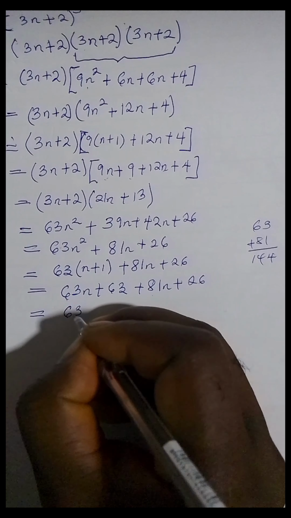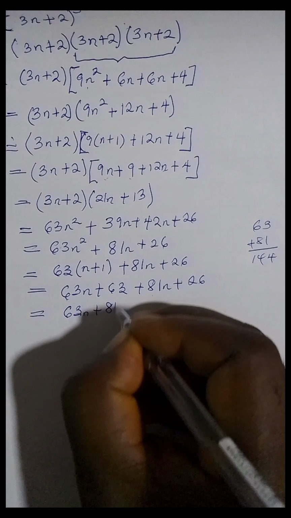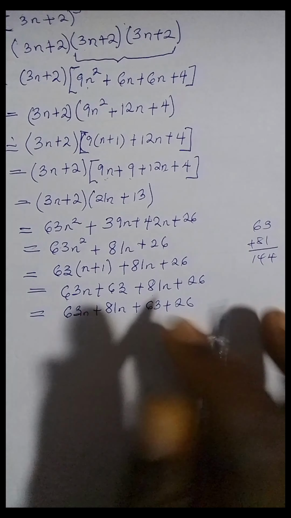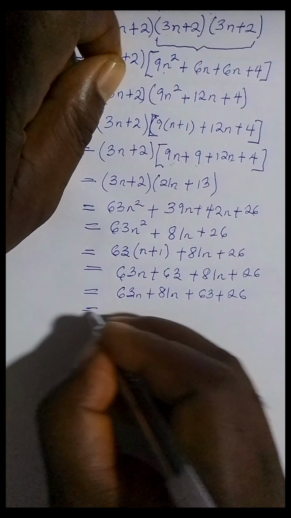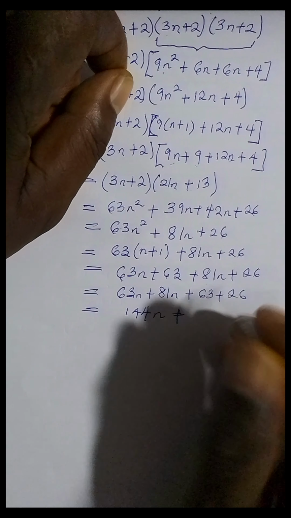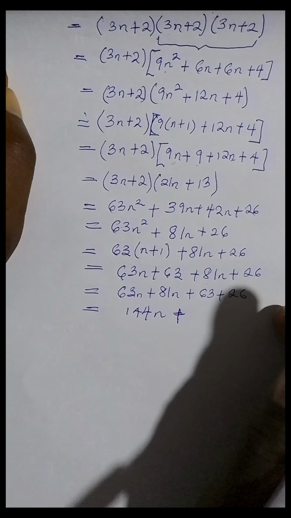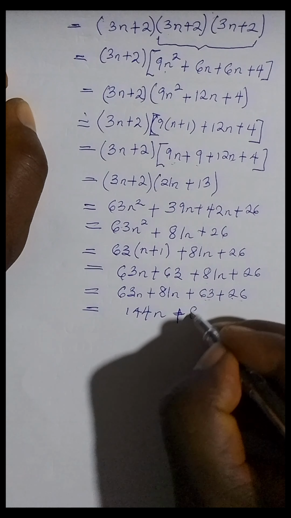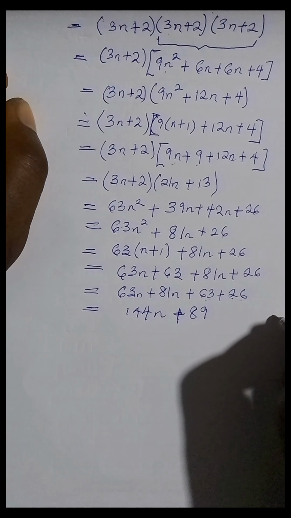So 63n plus 81n plus 63 plus 26. This will give 144n plus 89.